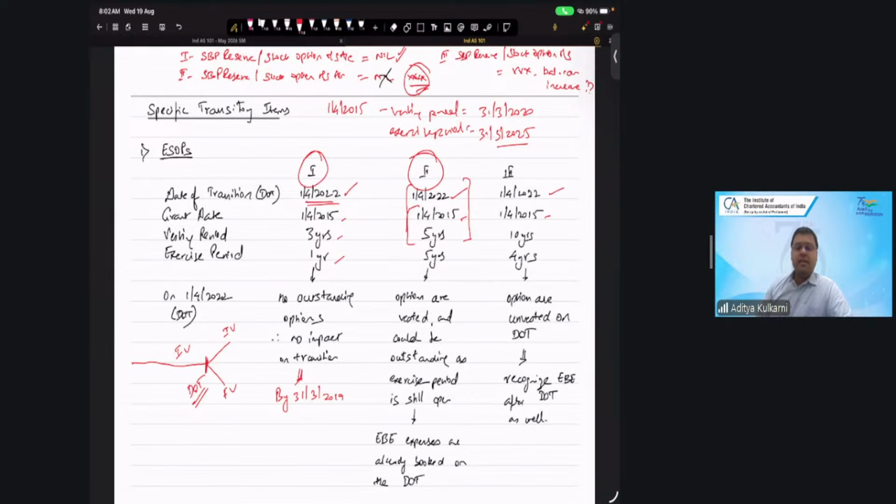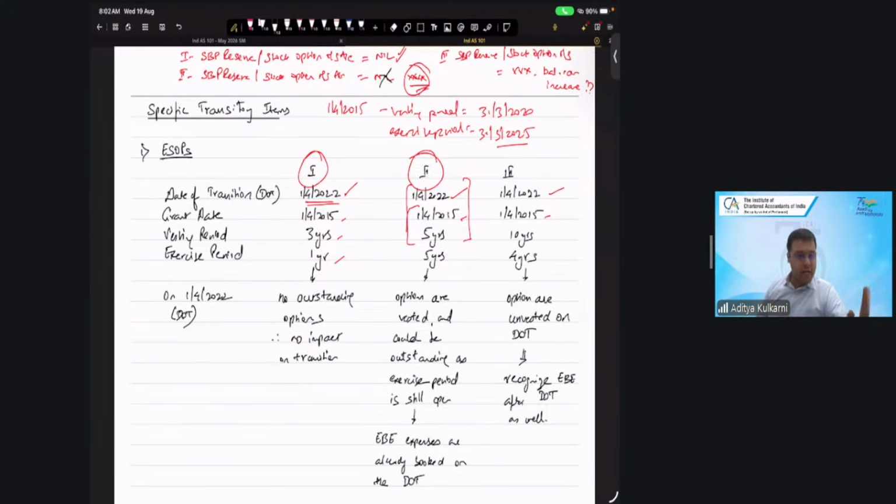On and after the date of transition, there is no P&L impact in respect of this ESOP plan. Are you able to understand this? Yes or no? So if there is no P&L impact henceforth in the exercise period, what is the only entry that you will pass?